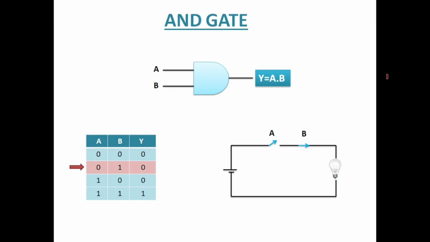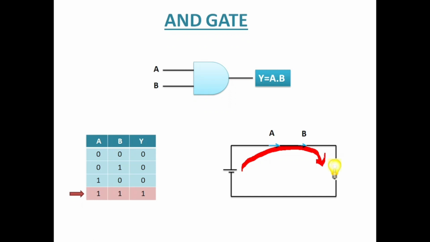Similarly, in the other two cases also, 0 1 and 1 0, although one of the switch is closed, the other switch being opened, the circuit is still incomplete and LED still does not glow. But in the third case, when both the input are 1, that is when both the switches are closed, in that case current can easily flow from here to here, and in that case LED will glow.